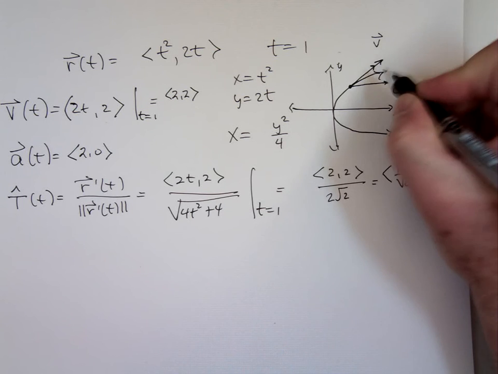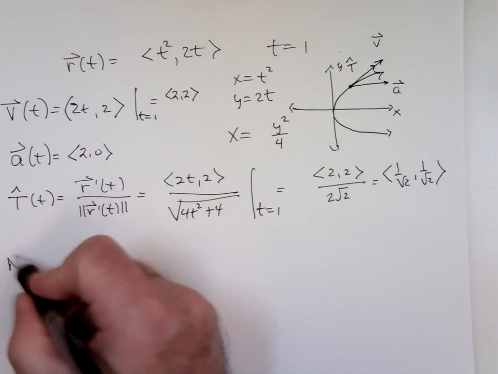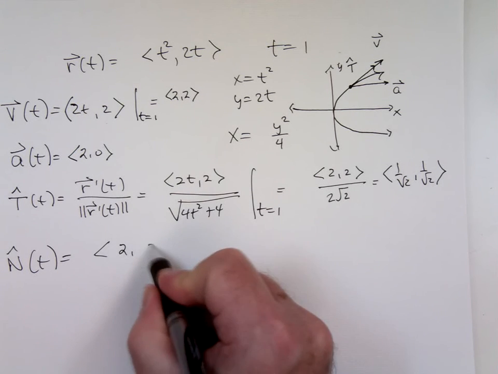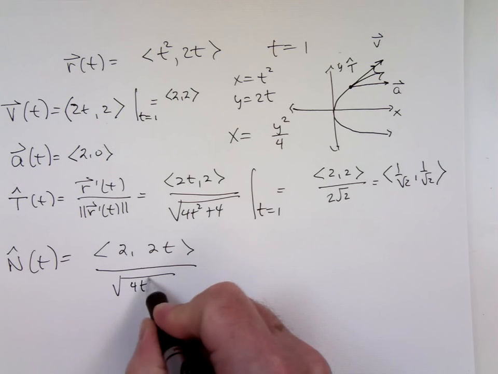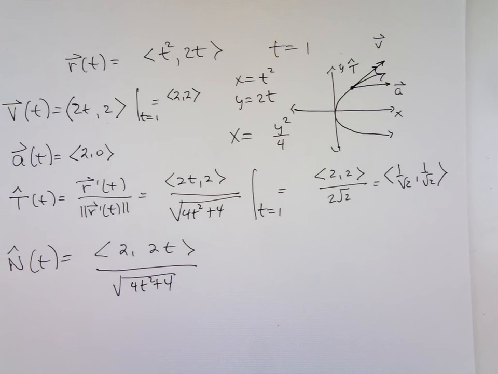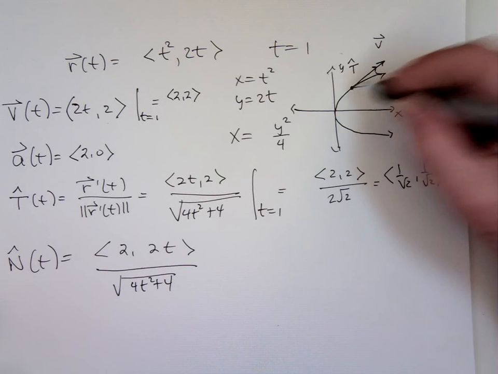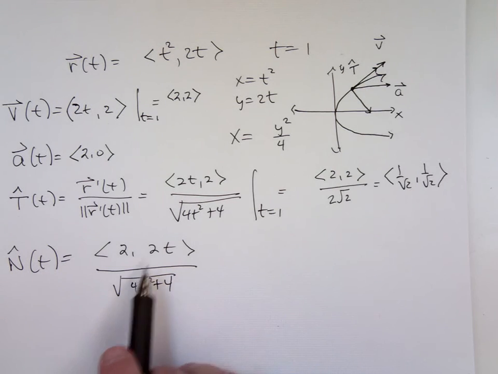Our normal, let's swap these guys. And let's take the opposite of one of them. Well, which one? We want the one that's going this way. So which one do we take the opposite of? First component or second?